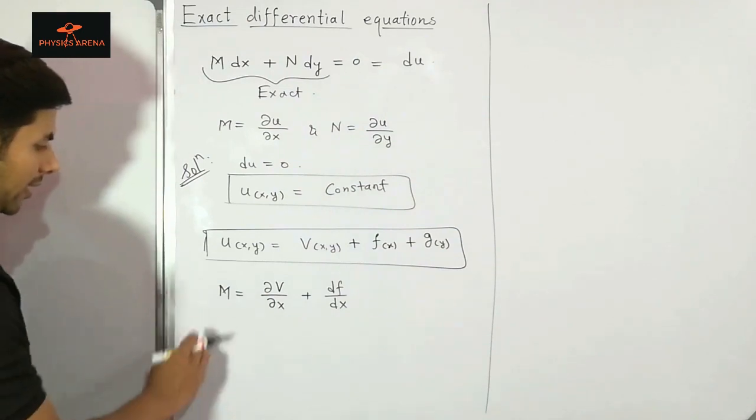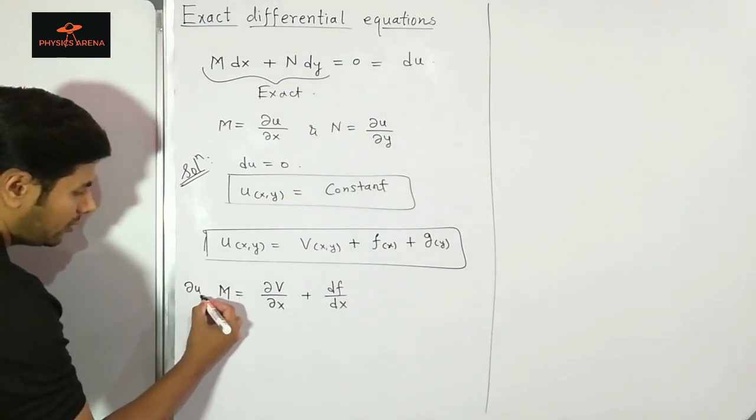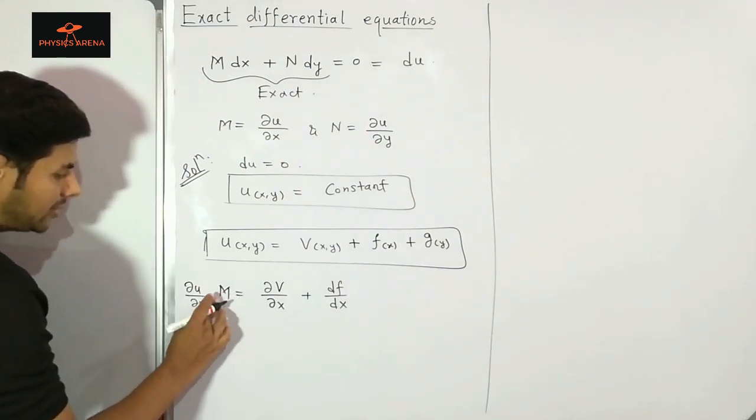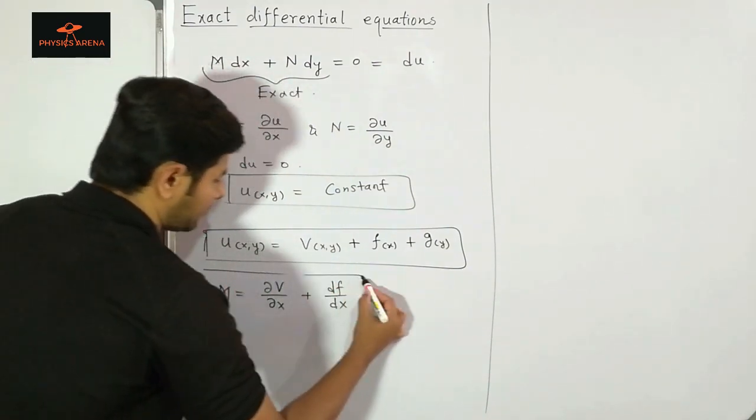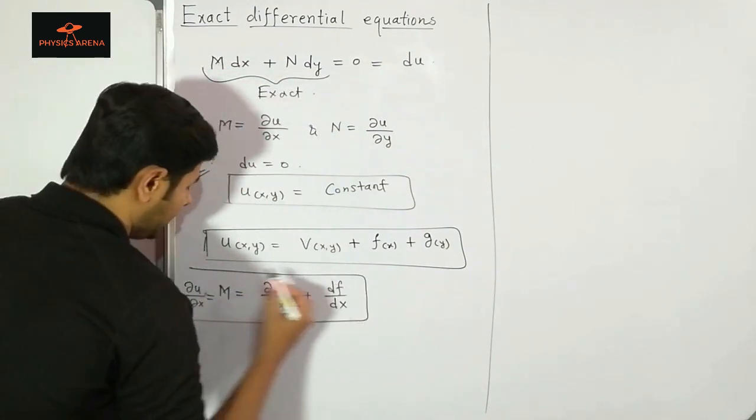Okay, so we have del u by del x, which is m, and it is equal to this.